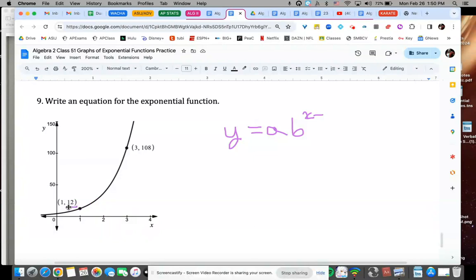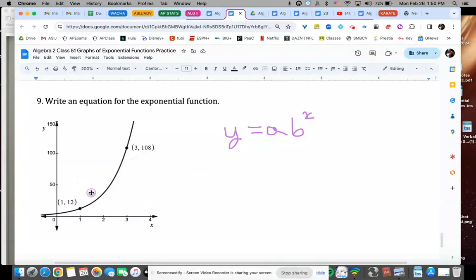What if I took 12 and multiplied by 2? 12 times 2 is 24. If I take 24 times 2, I get 48. Oh, well, that's not 108. Why am I going 2 jumps? Because I know I'm going from 1 to 3, so that's like 2 time periods, right?